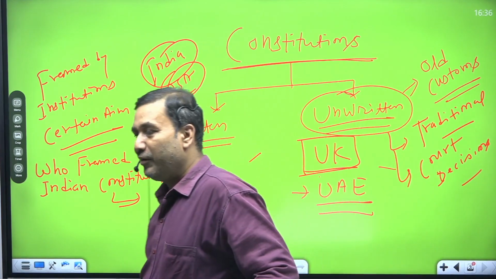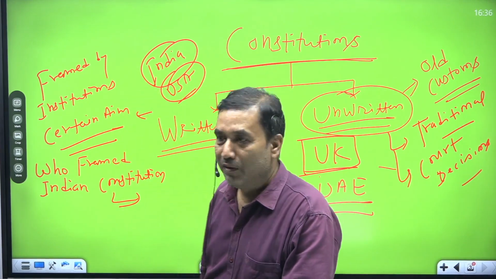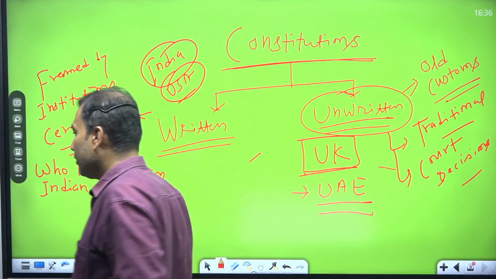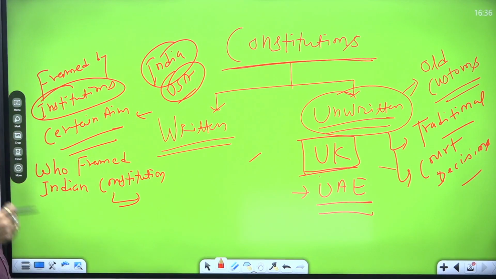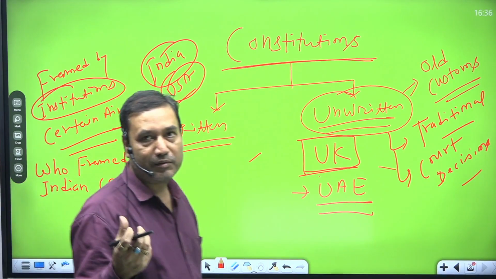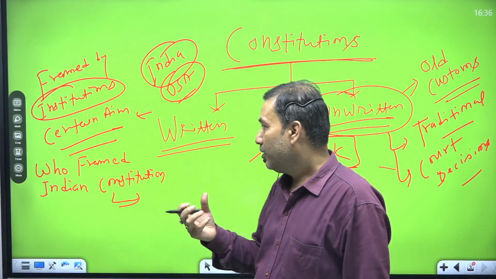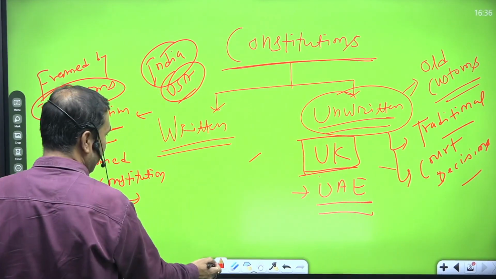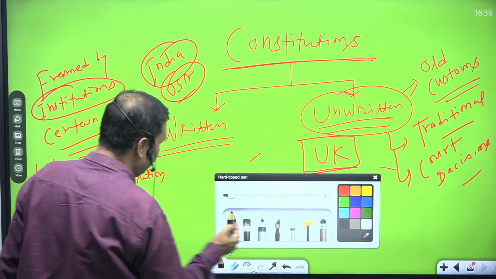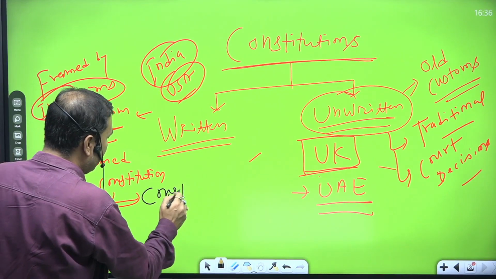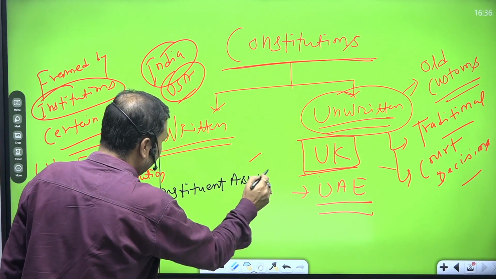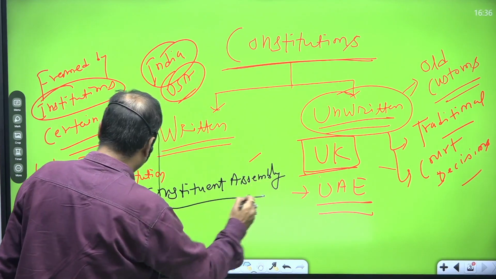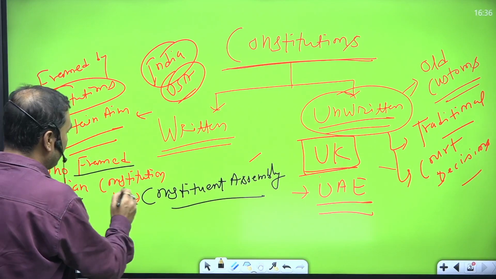No, B.R. Ambedkar? No, no. It is framed by institutions, not by individuals. Answer? Constituent Assembly. Clear? Who made the Indian Constitution? Constituent Assembly.